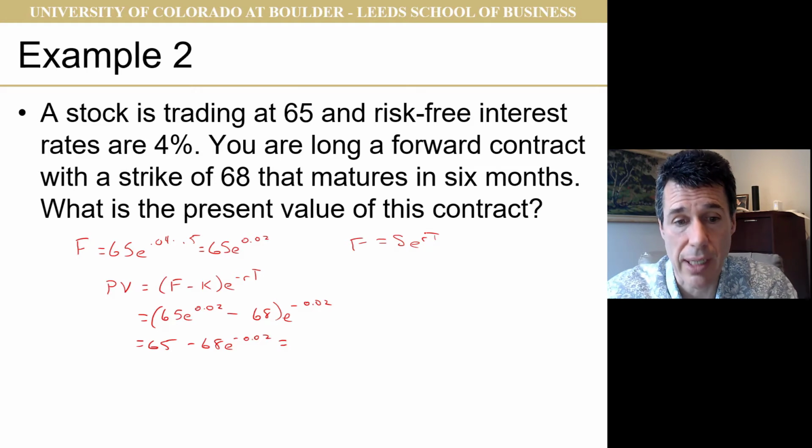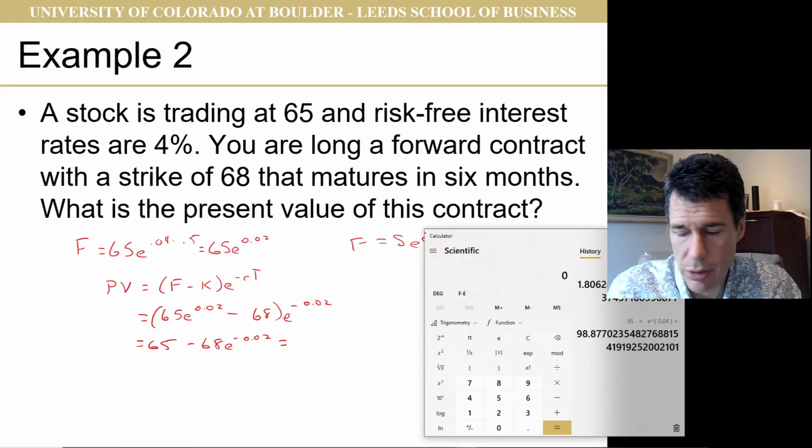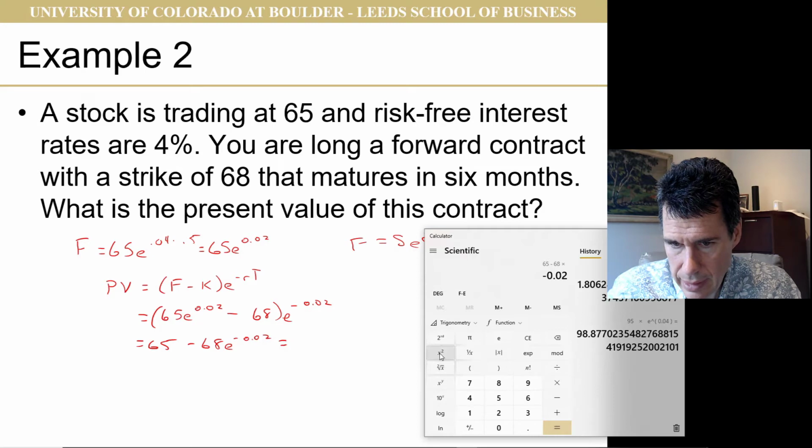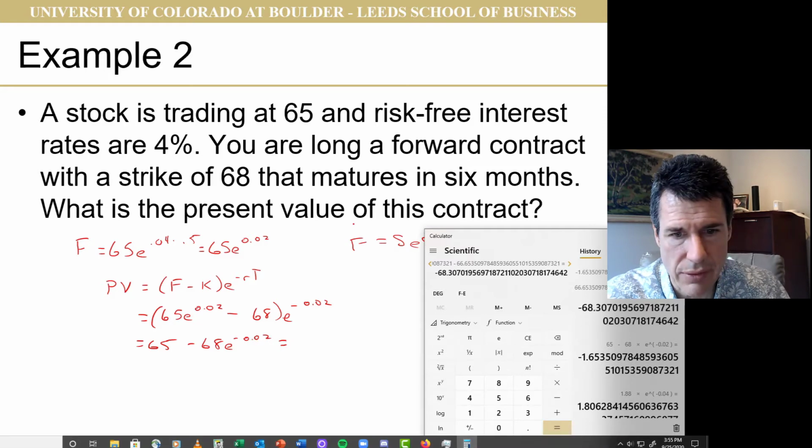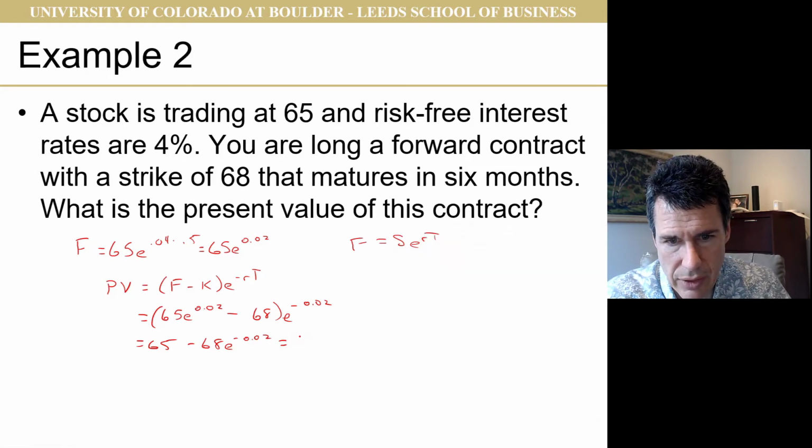So now we grab our calculator again, and we do our calculation. 65 minus 68 times 0.02 negative e to the x equals negative 1.65. So our forward contract in this case is equal to negative 1.65.